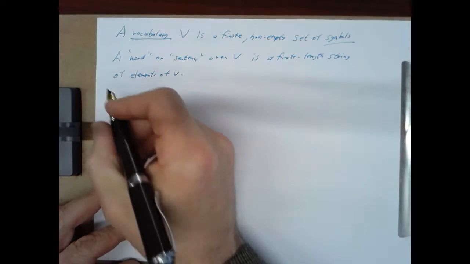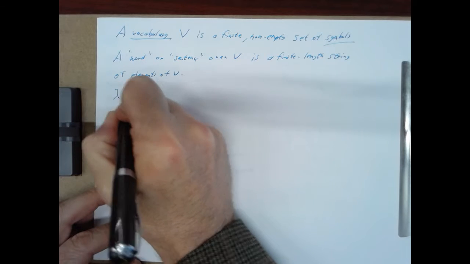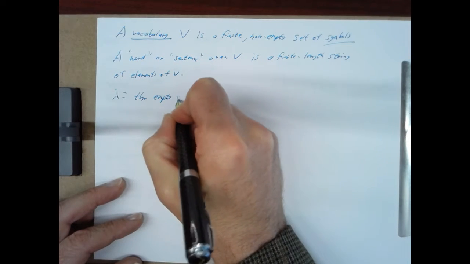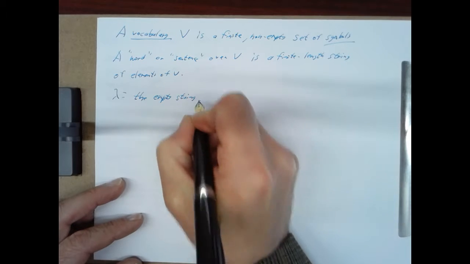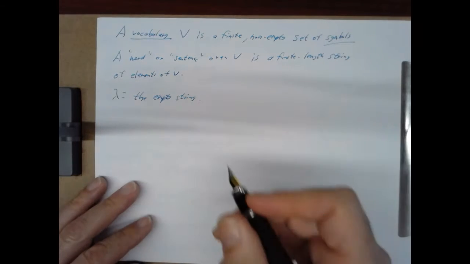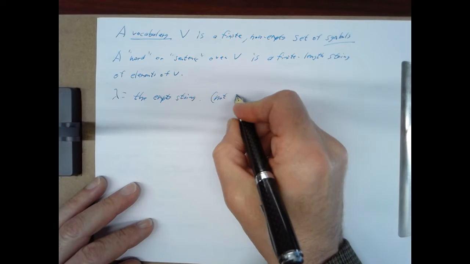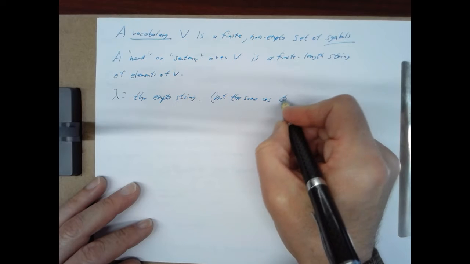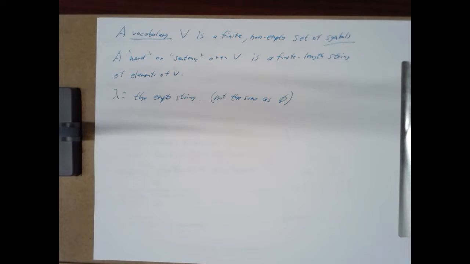So lambda equals the empty string. So it's a word or sentence of no length, so containing no symbols. And this is not the same as the empty set. Right? The empty set is a set, a collection of elements containing no elements.